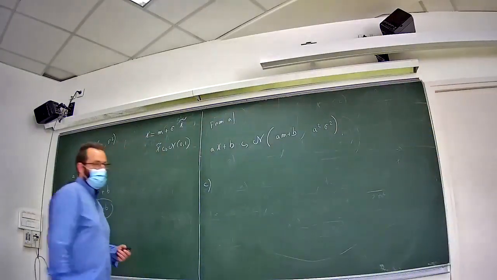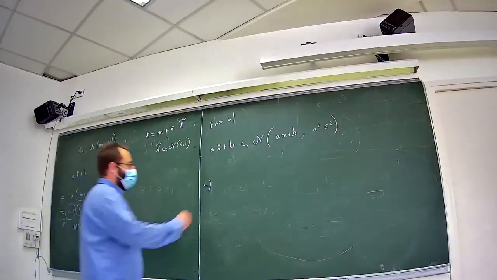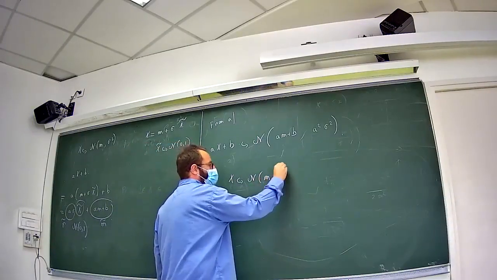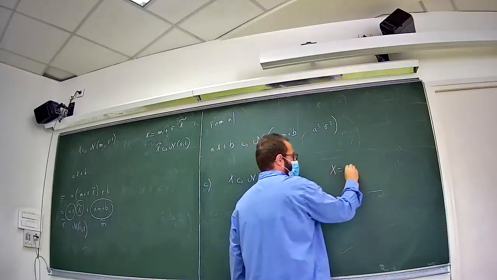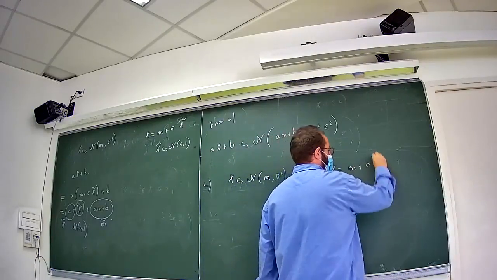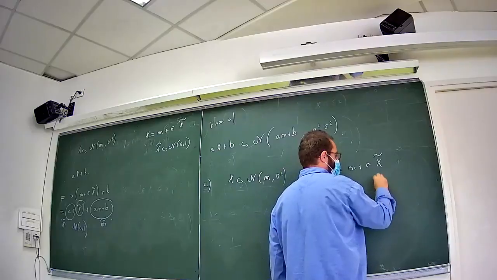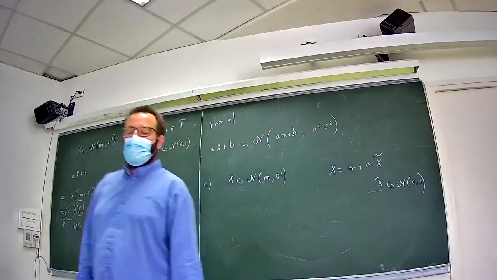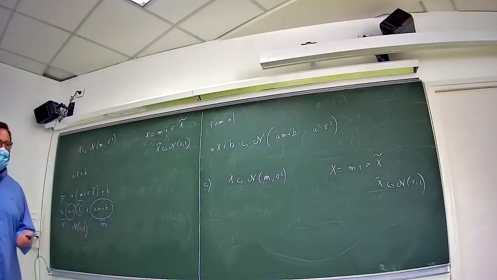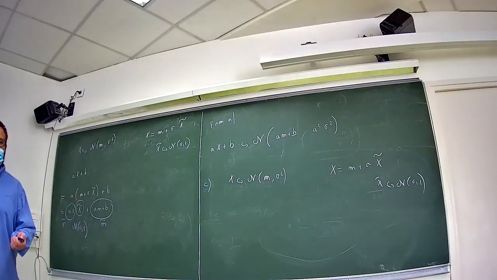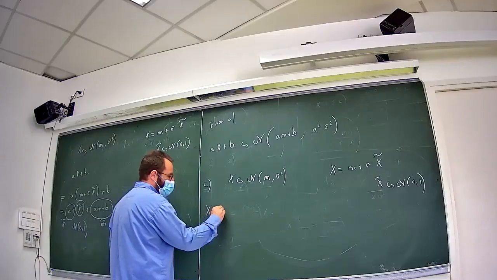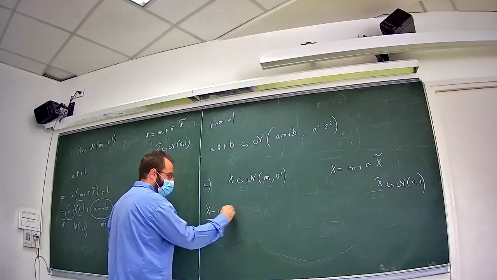So I start from a N(m, sigma squared) once again. I will write it as m plus sigma x tilde, with x tilde following N(0,1), from proposition 1. Okay? And then I want to transform it this way, (X minus m) over sigma, in order to prove that I have a N(0,1). So I am interested in (X minus m) over sigma.